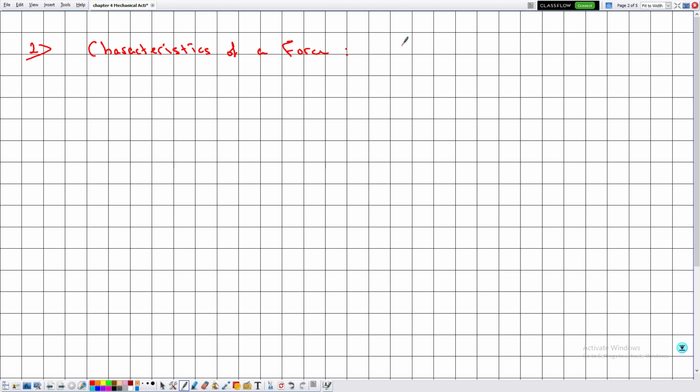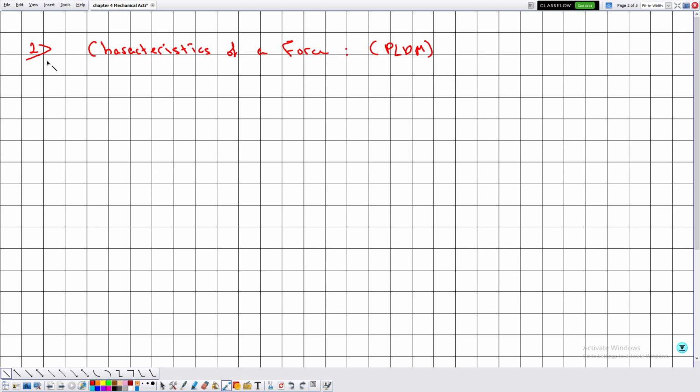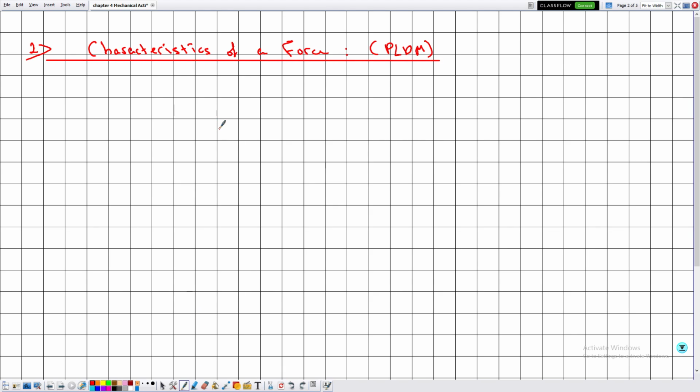And these characteristics usually are referred to as the building. Now we will see why. And let me say here the properties of a force, by the properties I mean the characteristics.